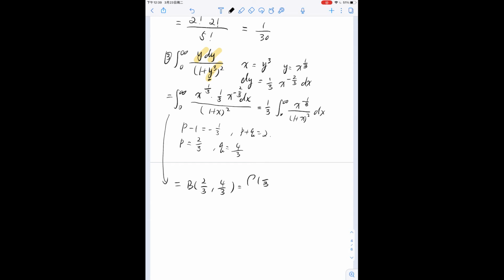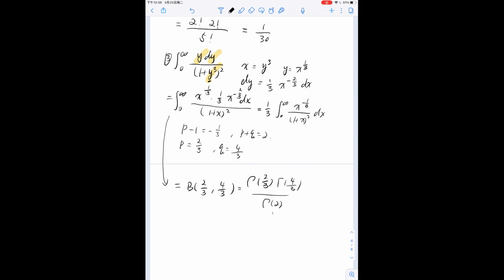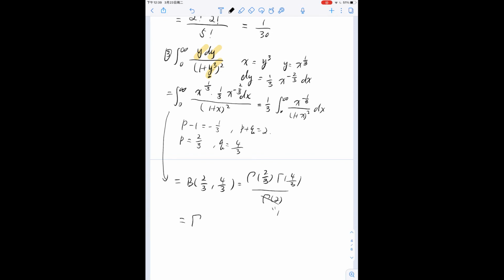It equals gamma 2/3 times gamma 4/3 over gamma 2. Gamma 2 just equals 1, so we can ignore this.